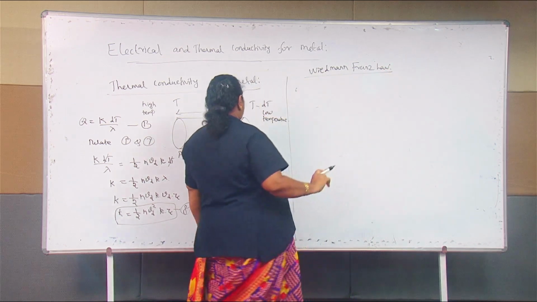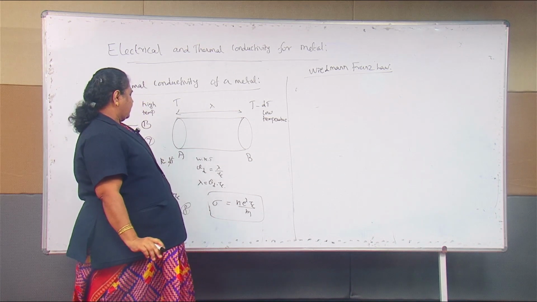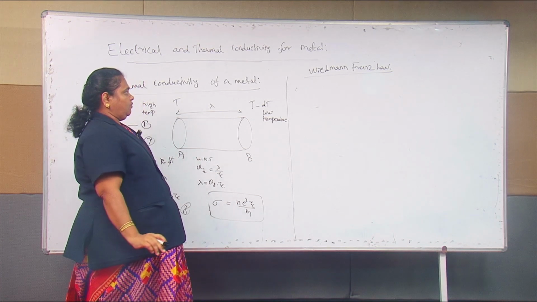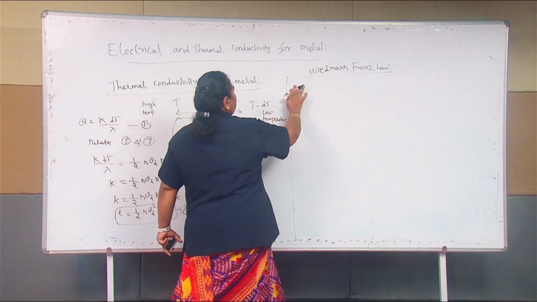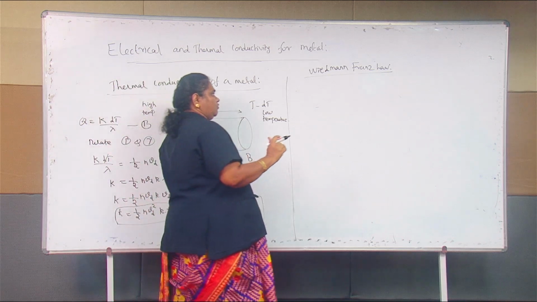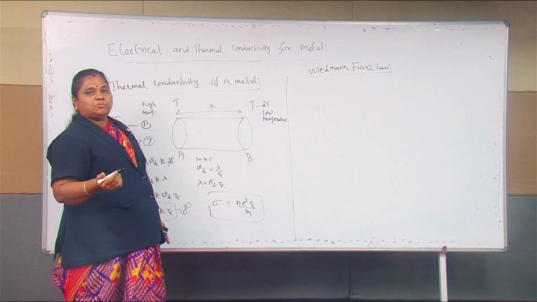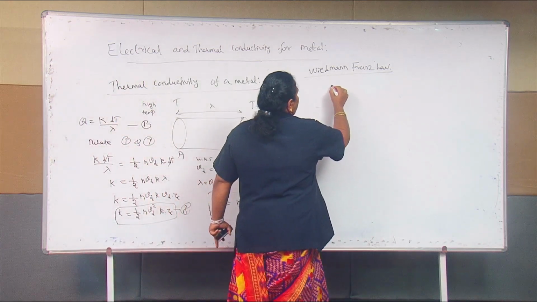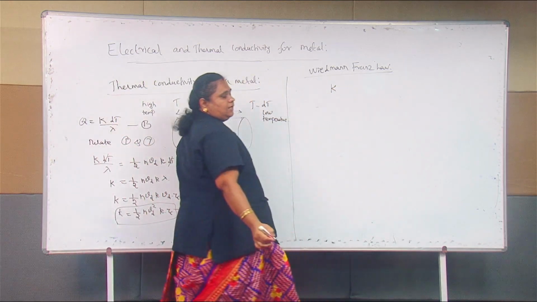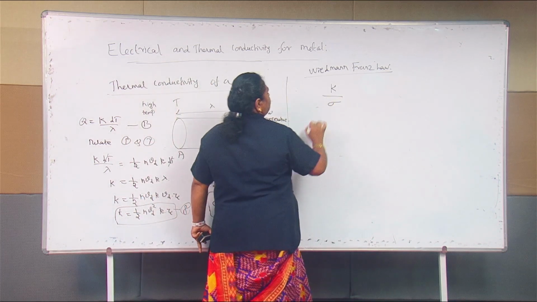The Wiedemann-Franz law states that the ratio between thermal conductivity and electrical conductivity of a metal is directly proportional to the absolute temperature of the metal. Thermal conductivity is represented by the letter K and the electrical conductivity by the letter sigma.